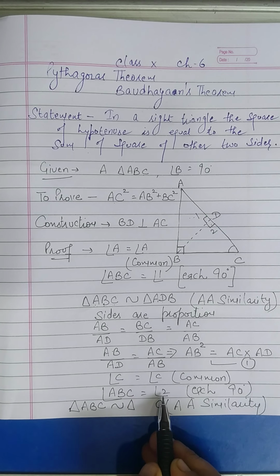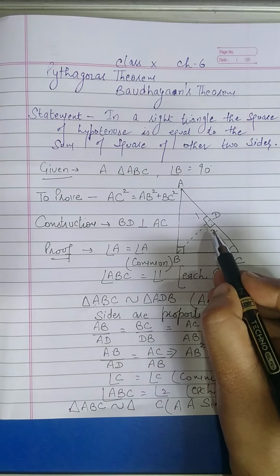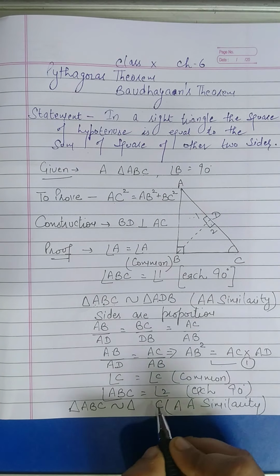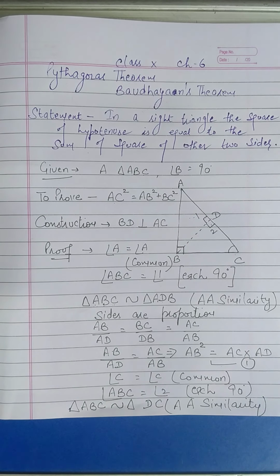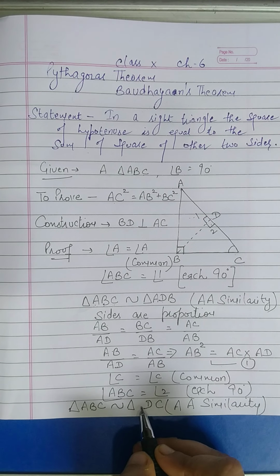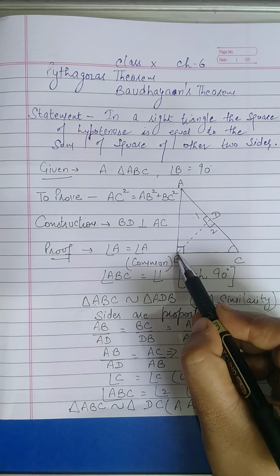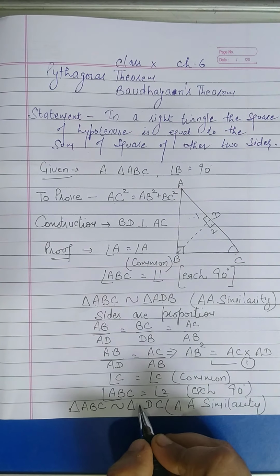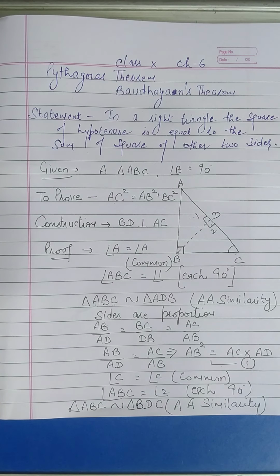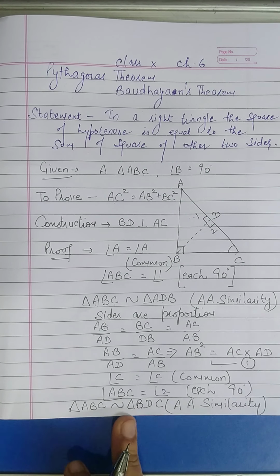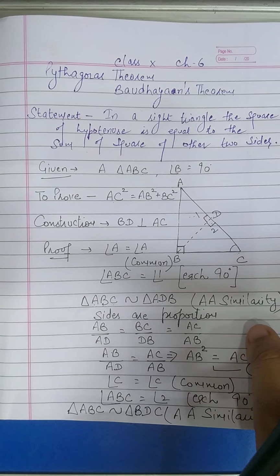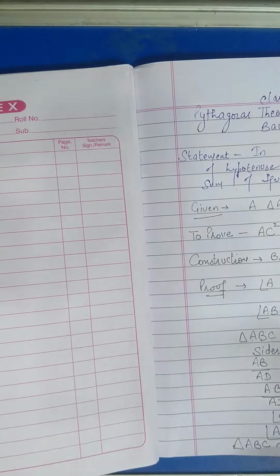B is equal to 2. 2 means D. It means center, I have to write D. My first place is vacant. Here I can write the third vertex. The third vertex is B. It means my triangle is BDC. Now still we are having two triangles are similar. It means we can say sides are proportionally equal.